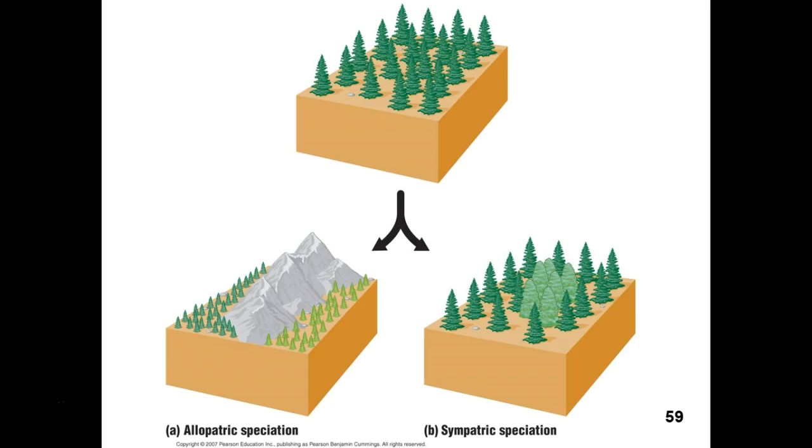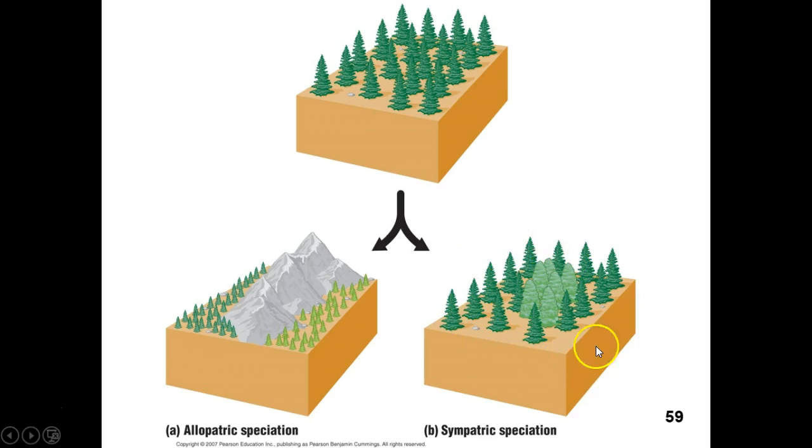So here we have both allopatric and sympatric speciation associated with trees. Here are the parent trees, and then over hundreds of thousands of years, mountains form, and the trees are separated and, when they're brought back together, can no longer breed with each other.